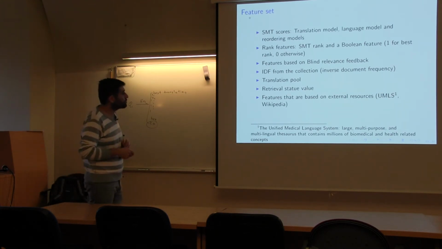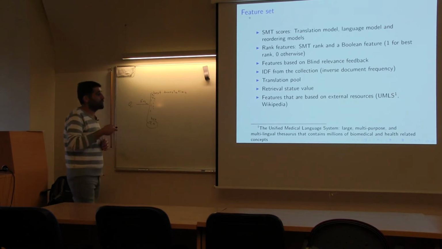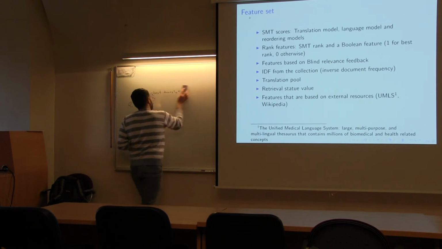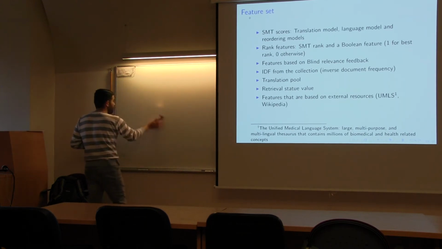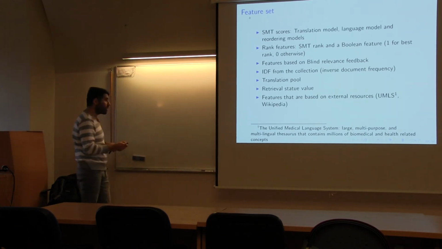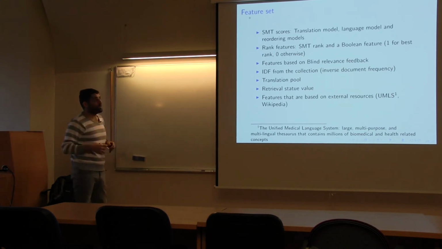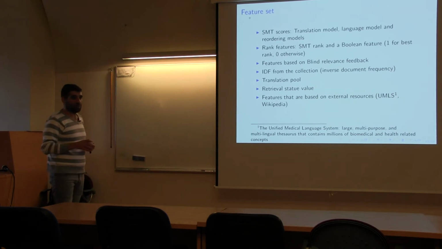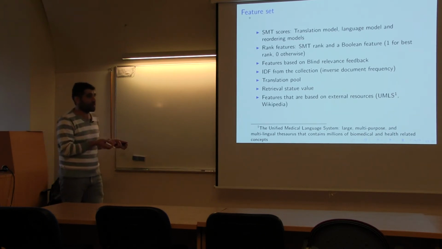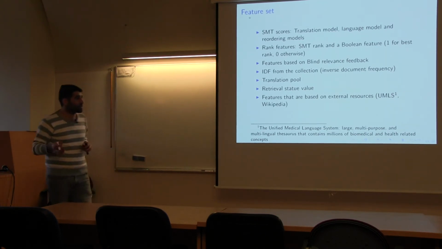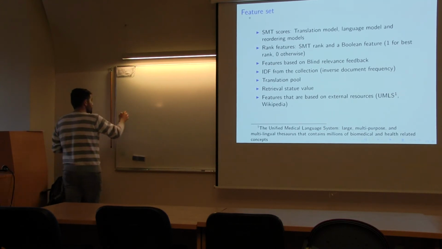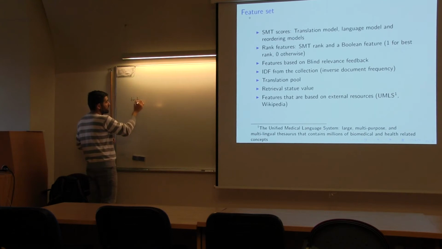And also, we used features based on blind relevance feedback. What does it mean? It's more likely that the best translation is the best one for cross-lingual IR. According to our experiment, in 50% of cases, it gives the highest P at 10. So what we did, we used this best translation.